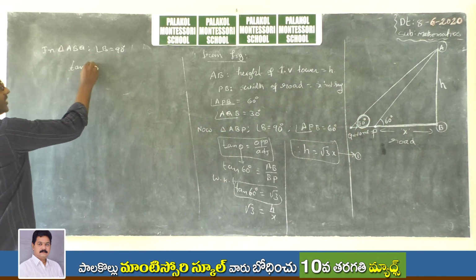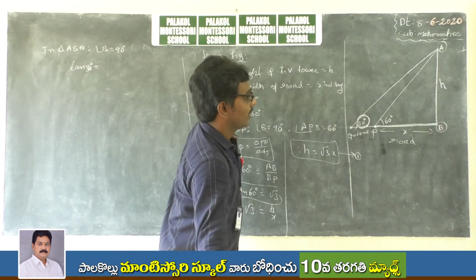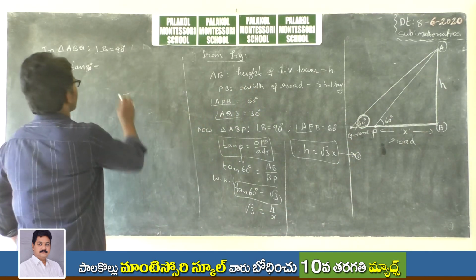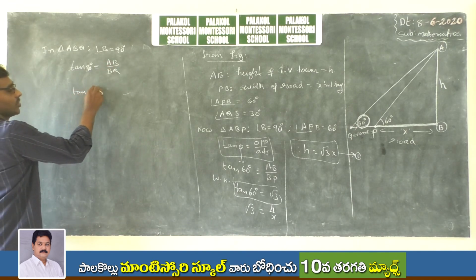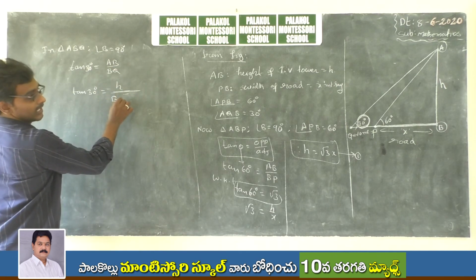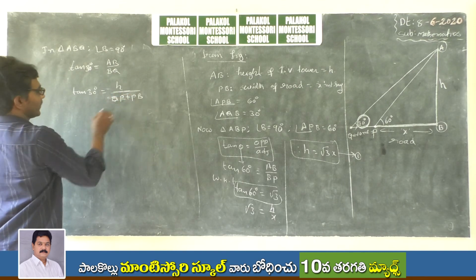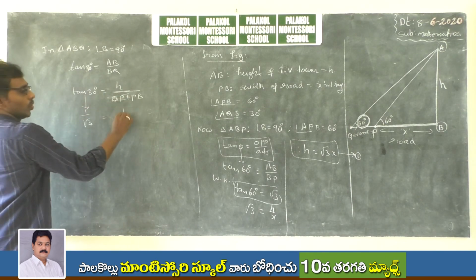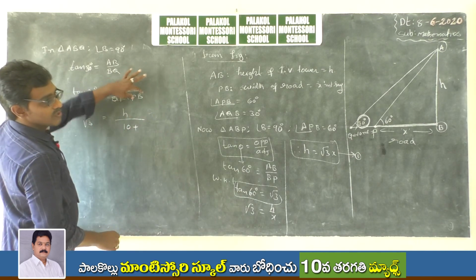So tan 30 is equal to the opposite side AB by the adjacent side BQ. Tan 30 degrees is equal to AB, that is H, by BQ. From the figure, BQ can be written as QP plus PB. Tan 30 degrees is 1 by root 3, equal to H by the value 10 plus PB, where PB is equal to X.